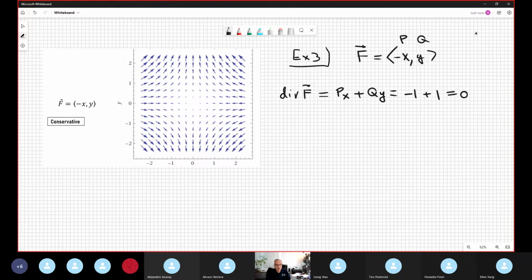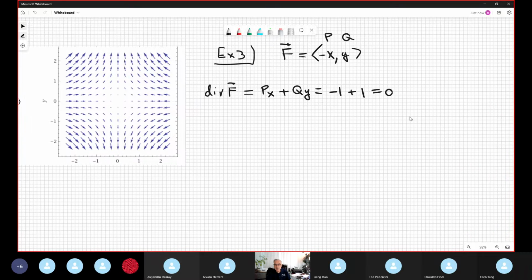Again, we have source free. And the curl, well, the formula for the curl is partial derivative of Q with respect to x minus partial derivative of P with respect to y. In this case, partial derivative of Q with respect to x is 0, and partial derivative of P with respect to y is also 0. Wow, it's conservative.